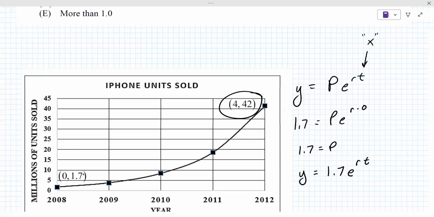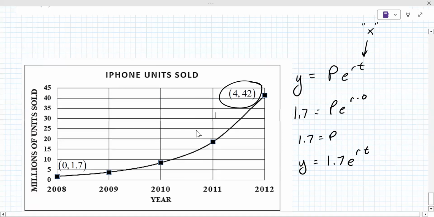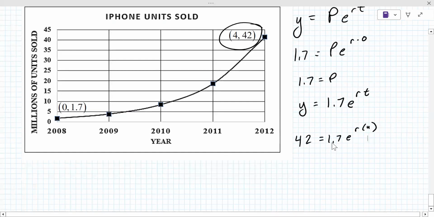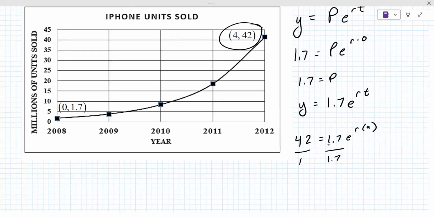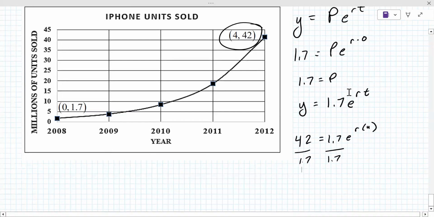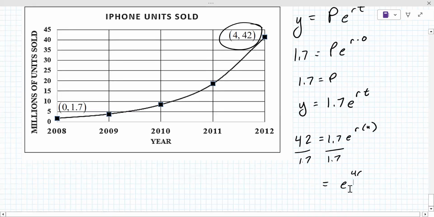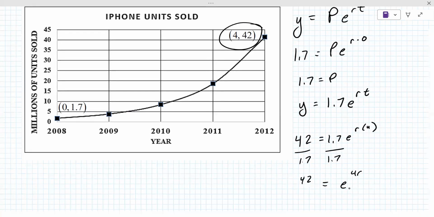And then you use this other point and you hope to find your value of R. 42 equals 1.7 E to the R times 4. To solve this, you divide both sides by 1.7. Okay, and then you don't have to do that yet because you're going to undo E. Do you remember how to do that from class?